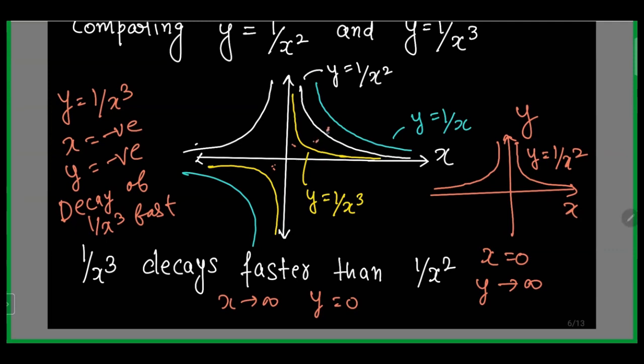The white graph is 1 by x square and the yellow graph is 1 by x cube. Again, the same features we saw: first, positive or negative, and second, which will decay or grow fast. These are the two features to distinguish between the graphs.